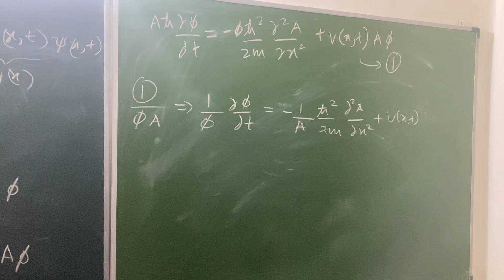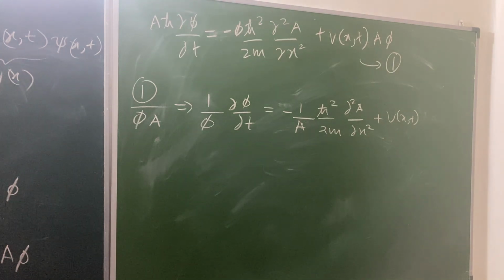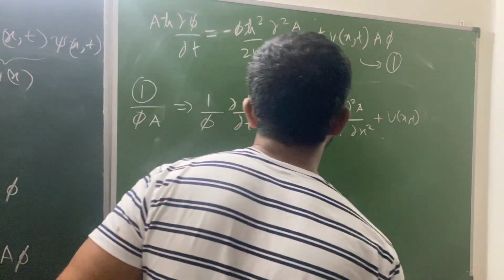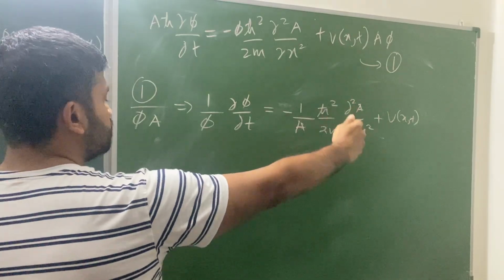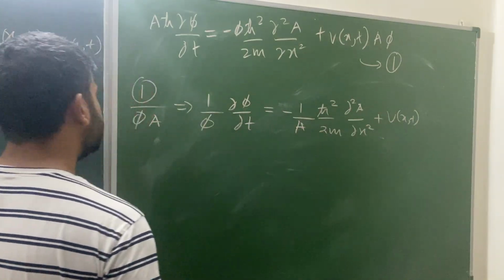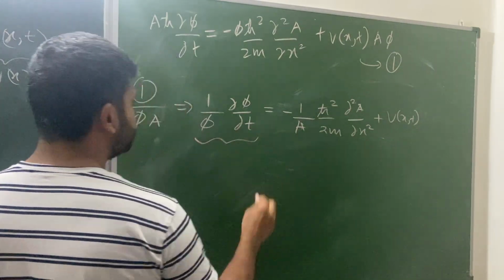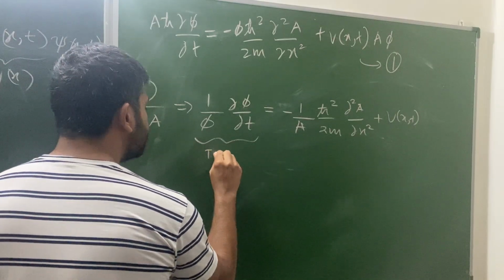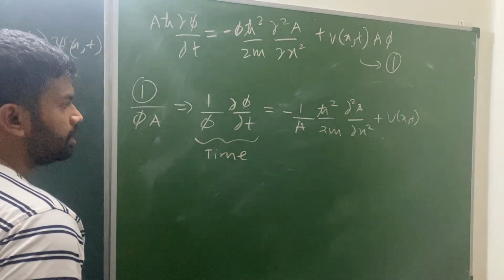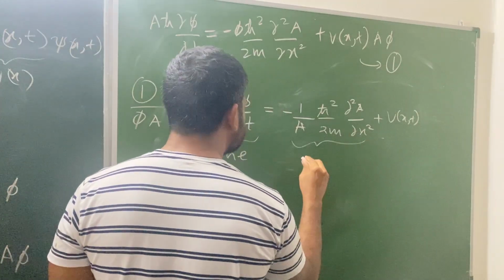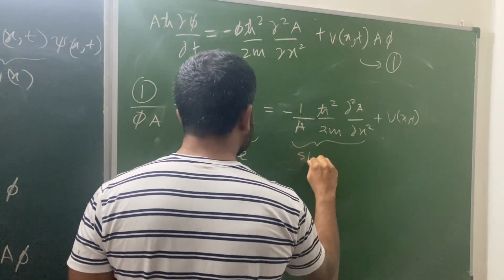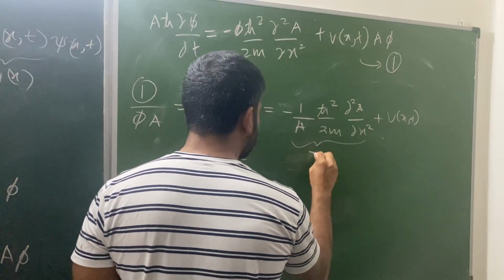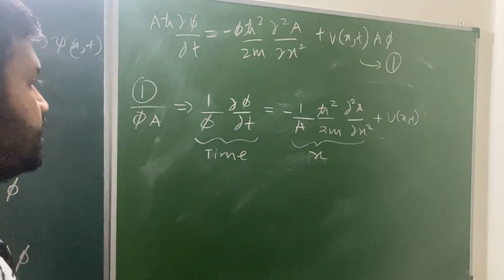So now, interestingly, guys, I can see that there's a mathematical equation that we have just derived, but this part of this equation depends only on the time. Wow. And this part of this equation depends on the spatial part. You can say x. I'm a lazy guy, so I write x, but you should understand that it's the spatial part.